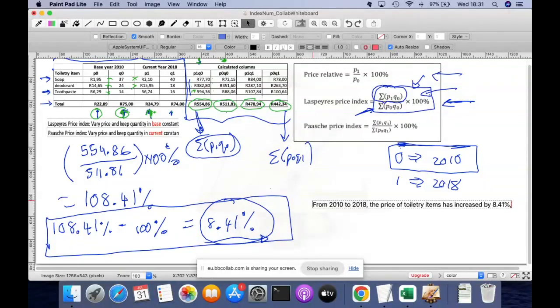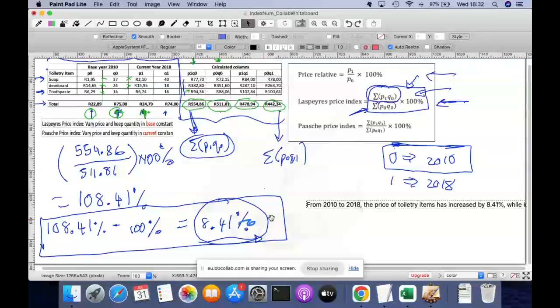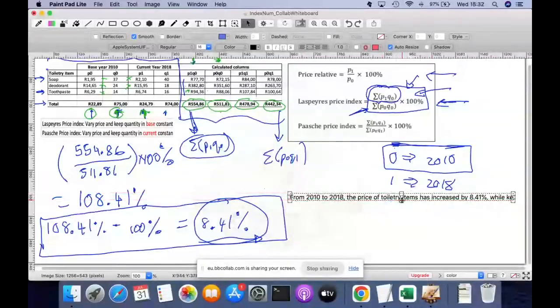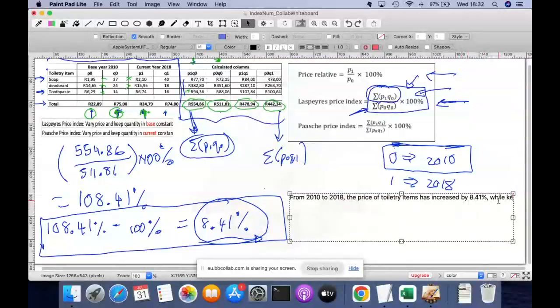And now this is the part that you need to add in. And this is why I mentioned that whole thing about Q0 being in the top and the bottom. You need to say what's being kept constant. So you're working on the price index. So you need to say while keeping the quantity, let me try and make the bar bigger, while keeping Q0, right?